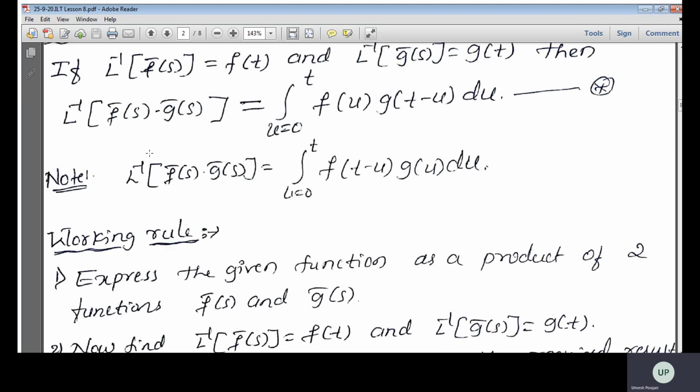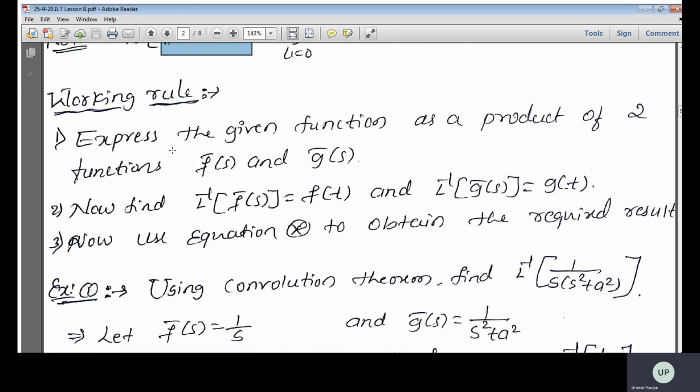This particular theorem can be used to find the inverse Laplace transform of a product of two functions f bar of s and g bar of s. The procedure is: first we have to express the given function as a product of two functions, say f bar of s and g bar of s. After that, find the inverses: L inverse of f bar of s is f of t and L inverse of g bar of s is g of t.